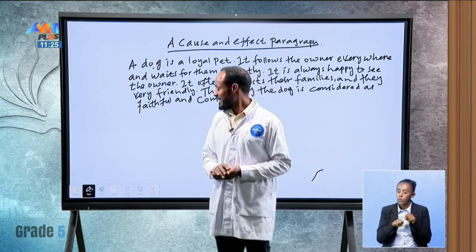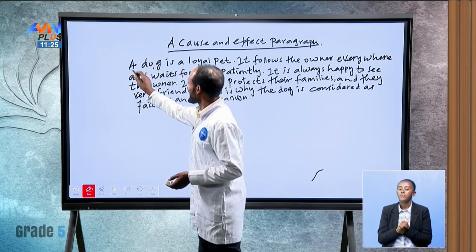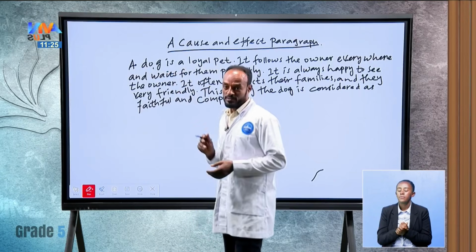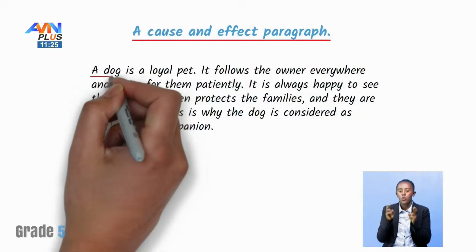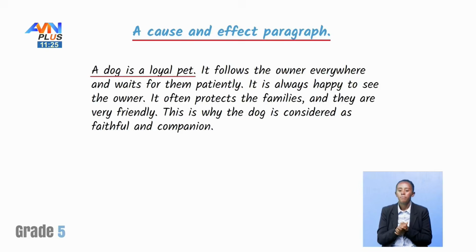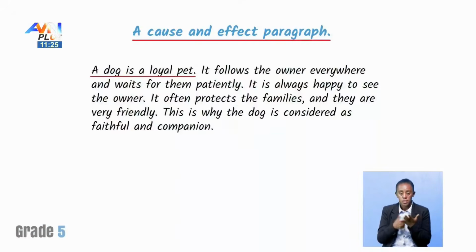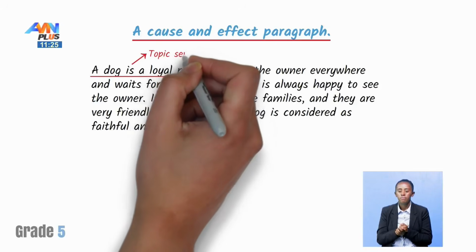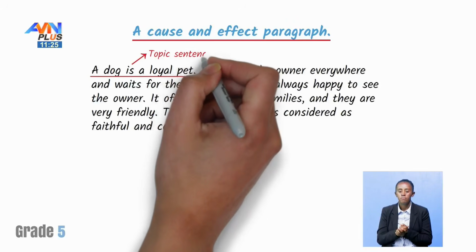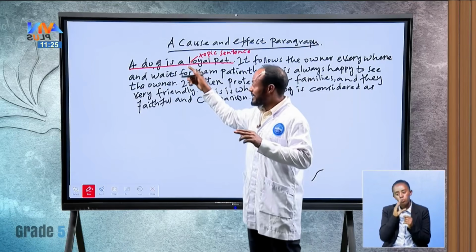So, students, in this paragraph, a dog is a loyal pet. This one is the topic sentence. Is it clear? So this one is considered as what? Topic sentence. This one is general because we are going to talk about it one by one.